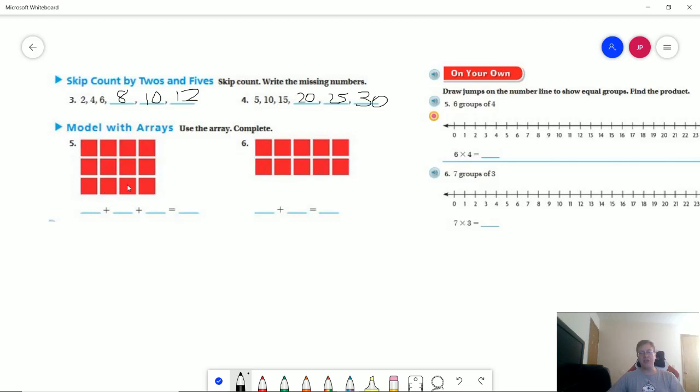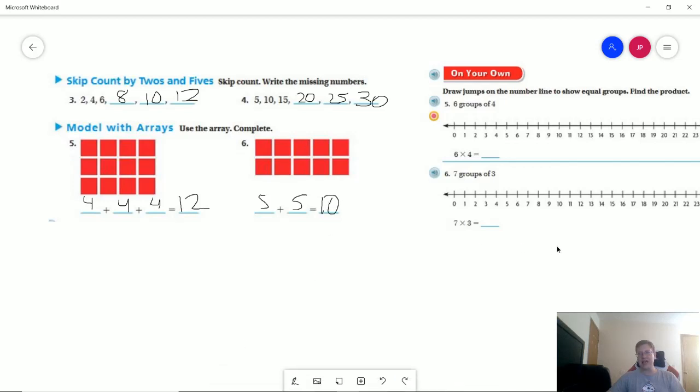So we count 4 objects in the top row, plus 4 objects in the center row, plus 4 objects in the bottom row would give us 12. And same thing here. We could count by 2s going this way, but for our repeated addition sentence, we would have 5 plus 5 equals 10.